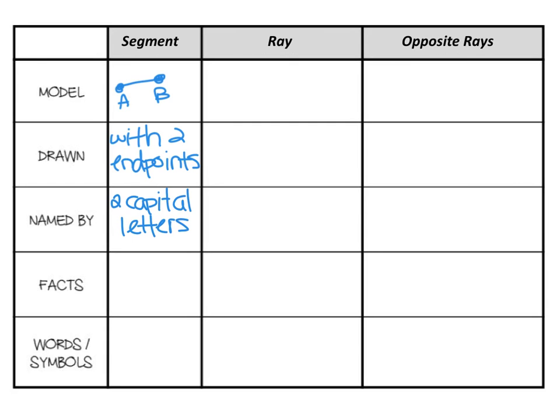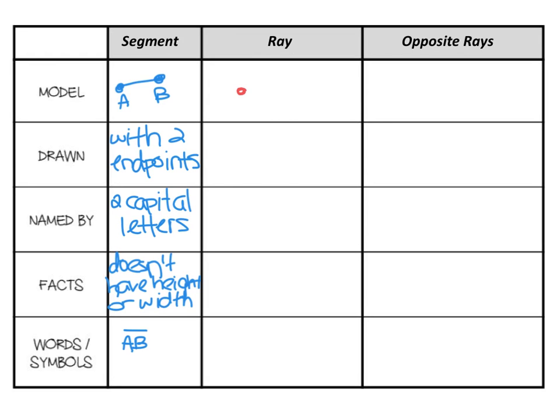Some facts about it would be, just like the line, it doesn't have height or width. And words or symbols, we draw it with a segment above and then AB. So you name it by its 2 points, but keep in mind, unlike the line, there's no arrows here. You don't have to draw the actual endpoints though.